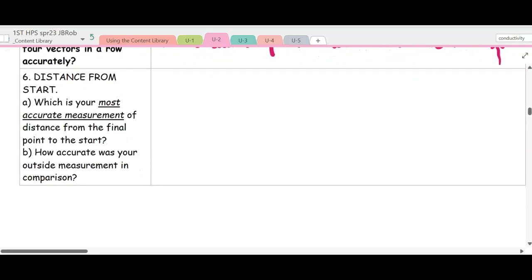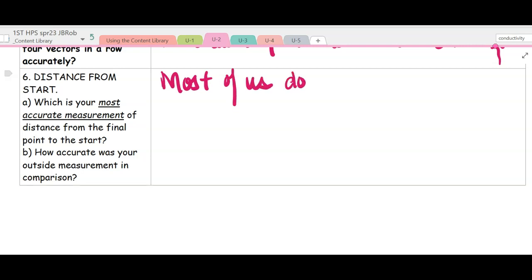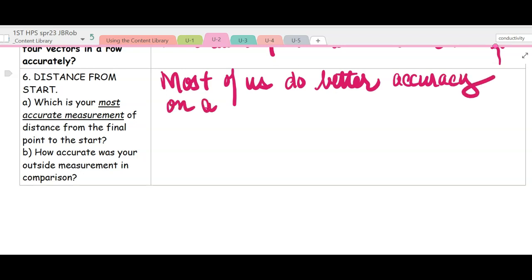The distance from the start. Which is your most accurate measurement of distance from the final point to the start? And how accurate was your outside measurement? Well, most of us do better on small scale, do better accuracy on a piece of graph paper. I think that's what you'll find.